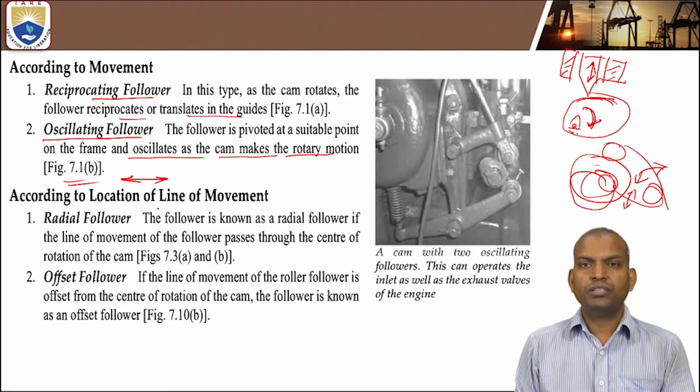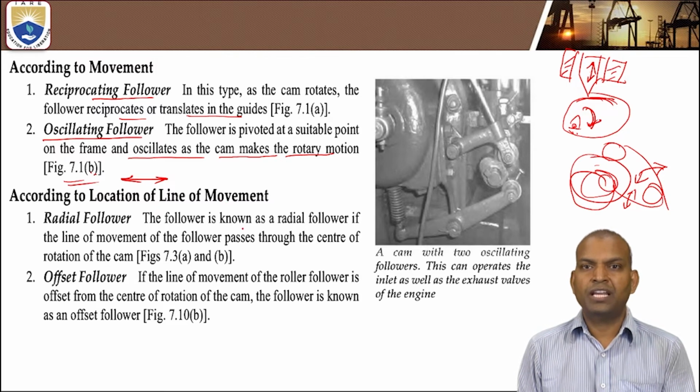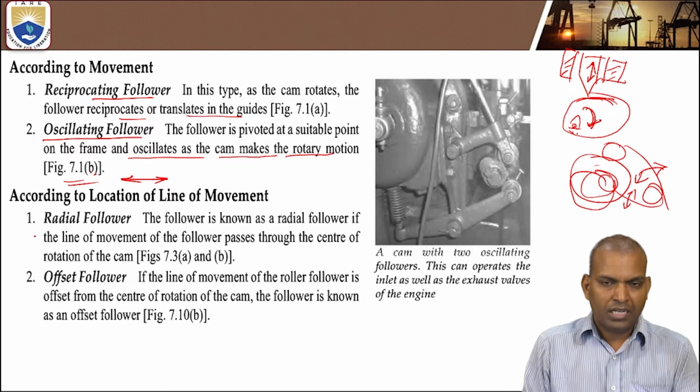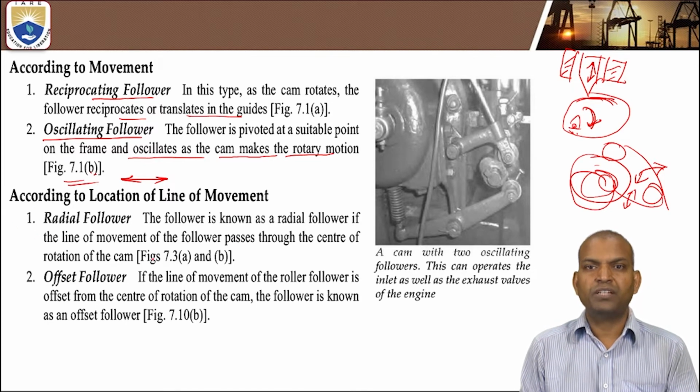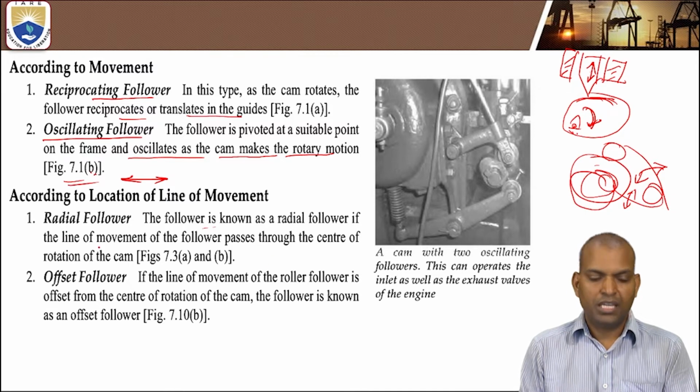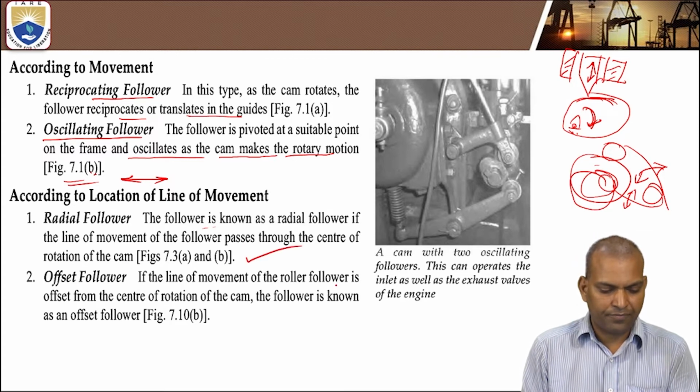According to the location of the line of movement, there are two types of followers: radial follower and offset follower. What is a radial follower? The follower is known as a radial follower if the line of movement of the follower passes through the center of rotation of the cam.